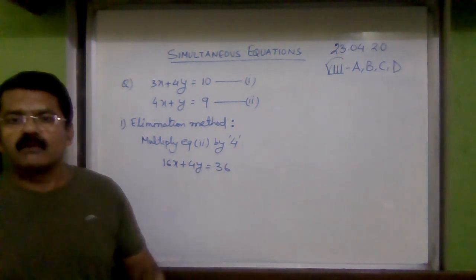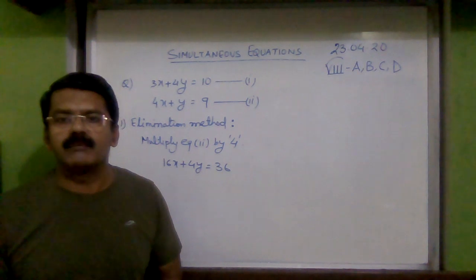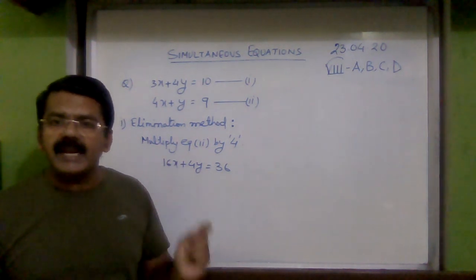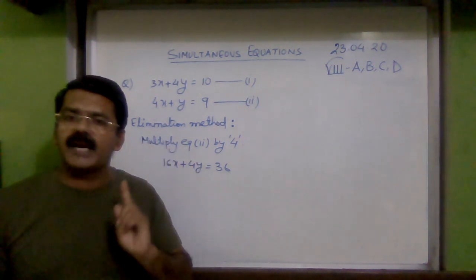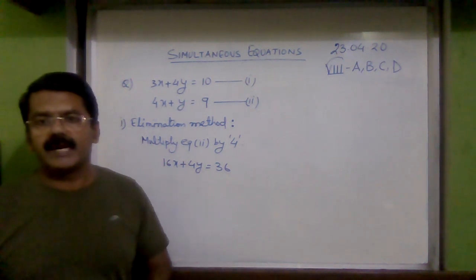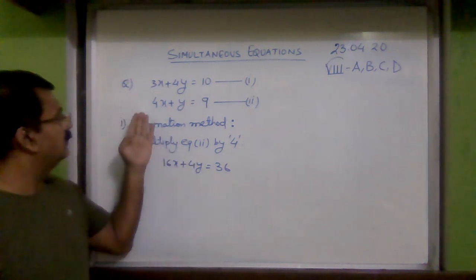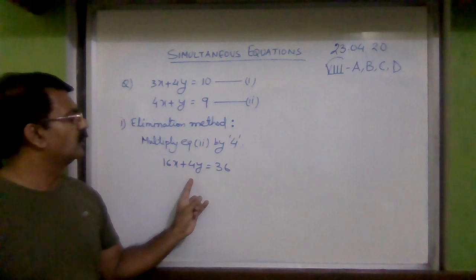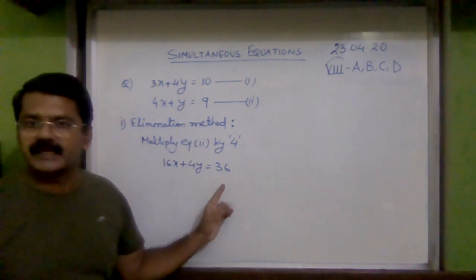Always remember, when you are multiplying any equation by a number, then each and every term of that equation should be multiplied by that number. So here it will be 16x plus 4y is equal to 9 into 4, that is 36.